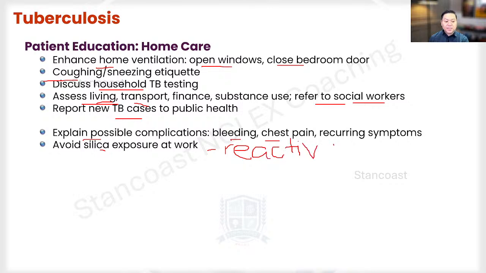That is why they need to refrain from getting exposed to silica, especially if their previous occupation was in industrial job sites, especially sand blasting or quarries. Okay, so make sure that they know about this, because again, this can cause reactivation of the TB.